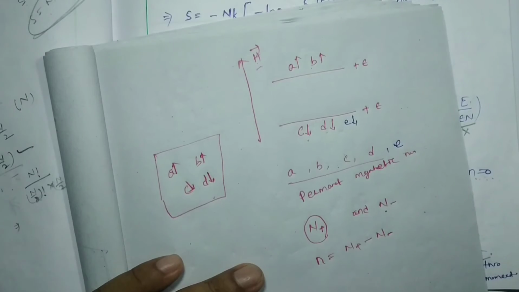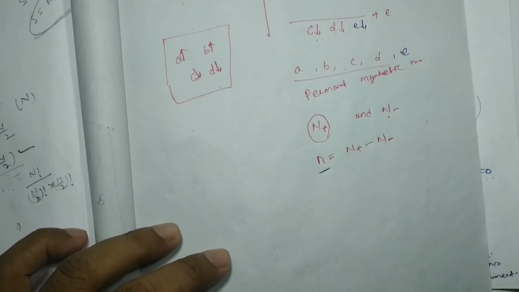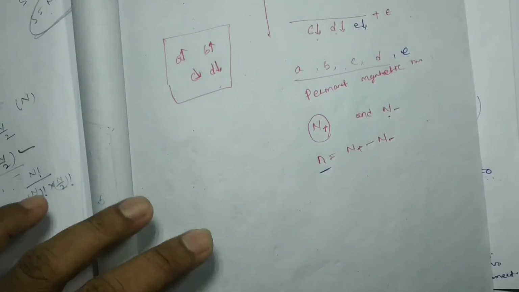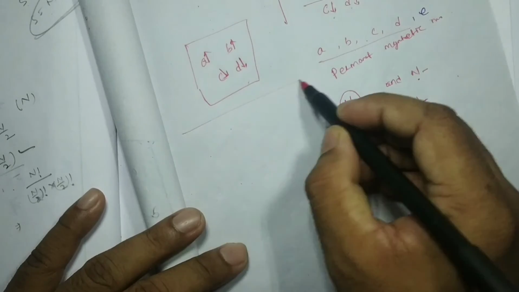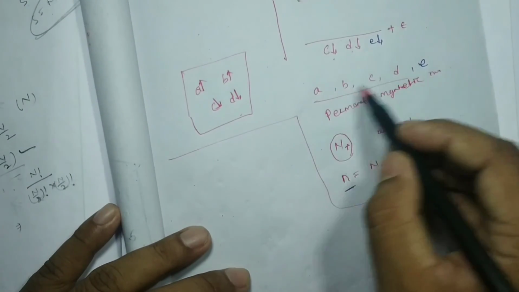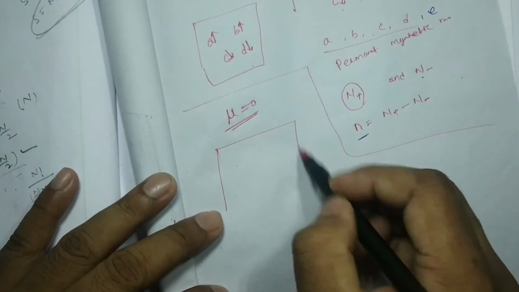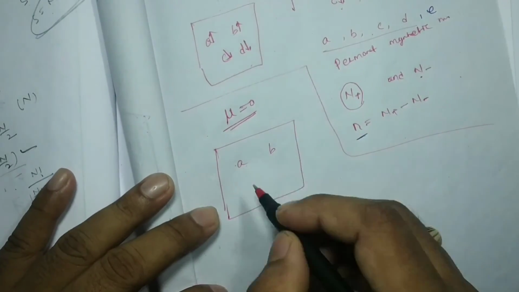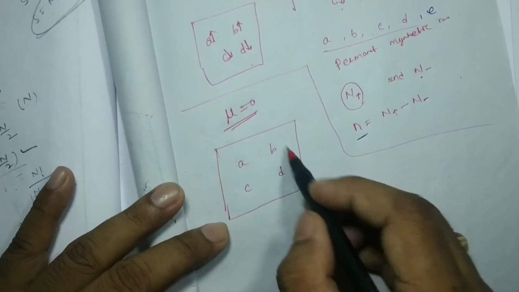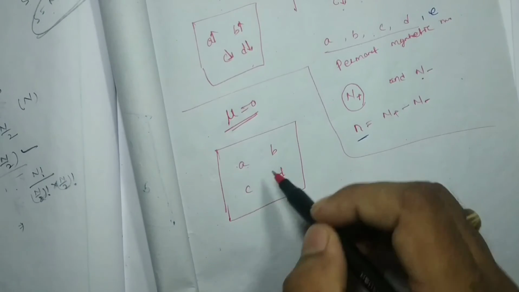From this we can define small n. But if there is no permanent magnetic moment of each particle, that means mu equal to 0, that means there is no magnetic moment, A, B, C, D are randomly moving inside the system.